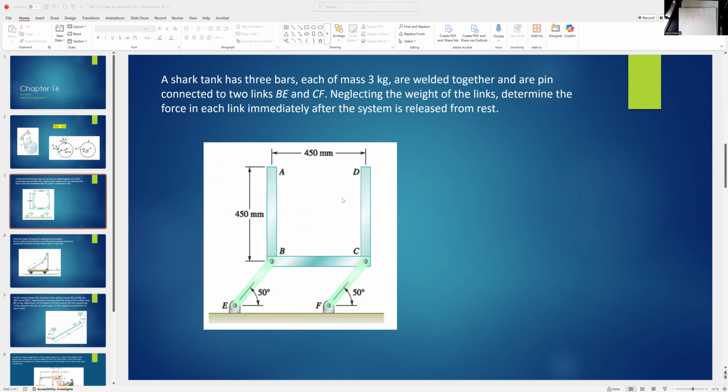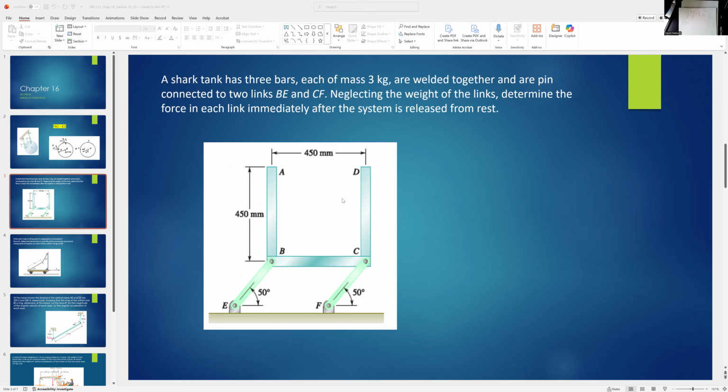We have our three-sided shark tank, and each side has a mass of 3 kilograms, and they're welded together, and then they're pinned at these connection points EB and FC. Now, if we release it, one of the things in the problem I haven't told you, and in the book it would, is that the center of gravity of this is unknown at this point. So we have to figure out where that center of gravity is.